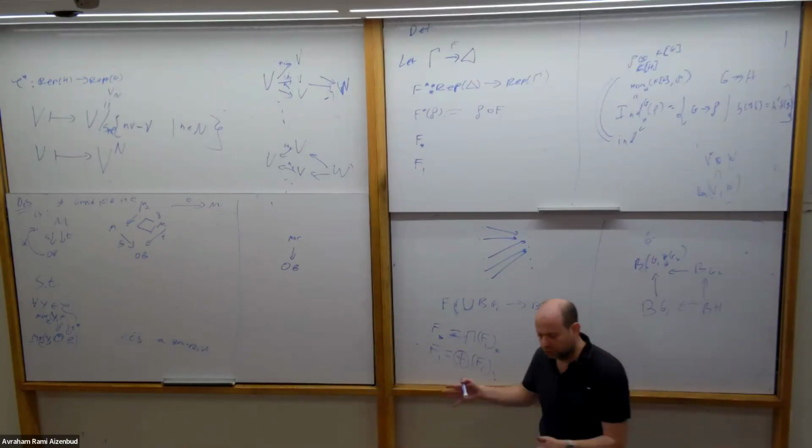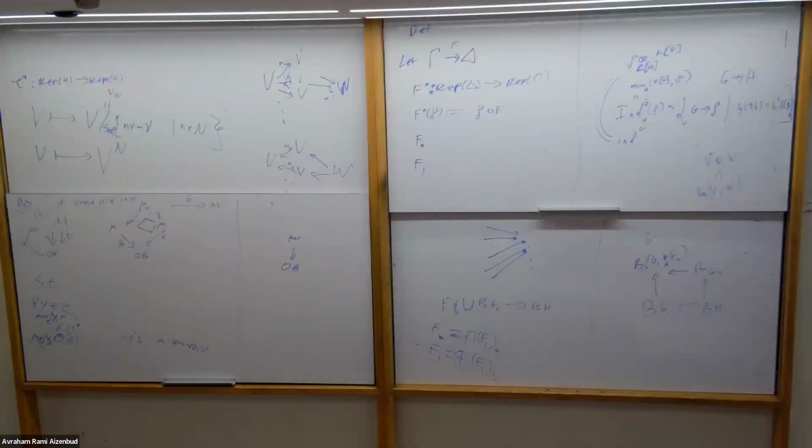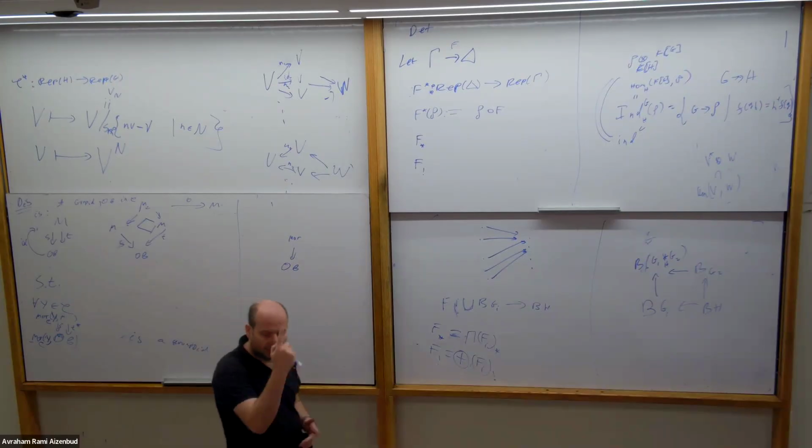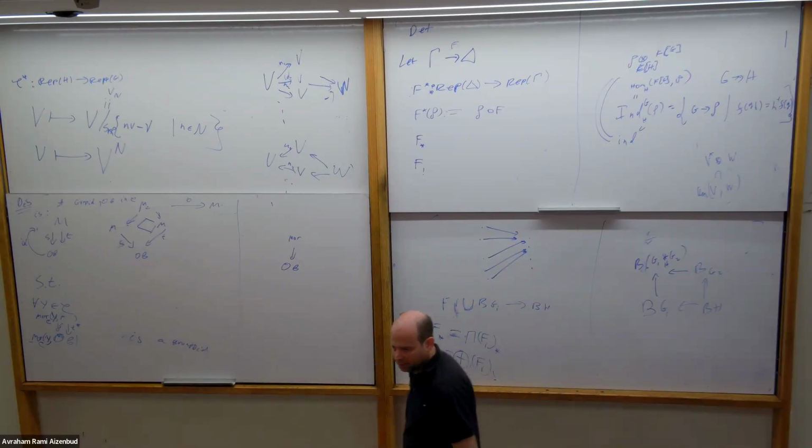So a groupoid object in topological spaces is a groupoid with a topological structure on the collection of objects and the collection of morphisms, such that the source and the target maps are continuous, the identity section is continuous, and the composition map is continuous.